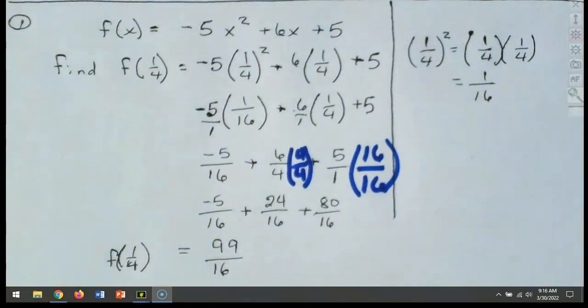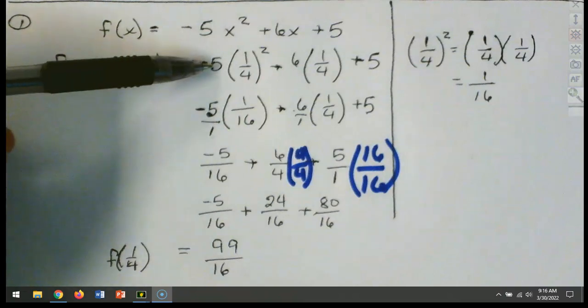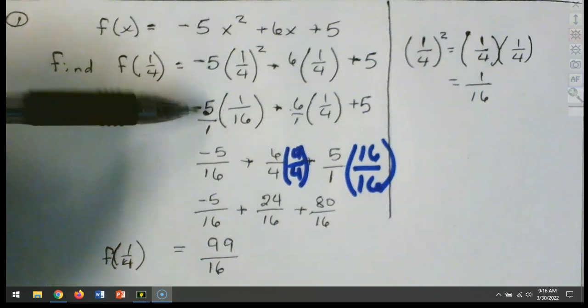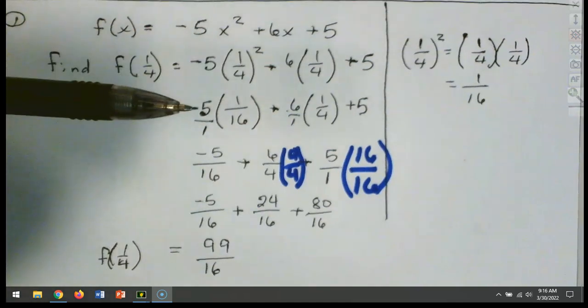That's it. Where I imagine that we struggled was just dealing with the fractions. One very, very important thing that we need to make sure we recognize is the signs. Why is this part right here negative? It's negative because that 5 is out in front, not with the exponent. It's out in front, and it's negative, so it comes down. If that negative would have been inside, it would get squared and become positive.